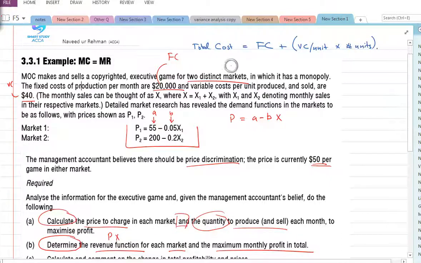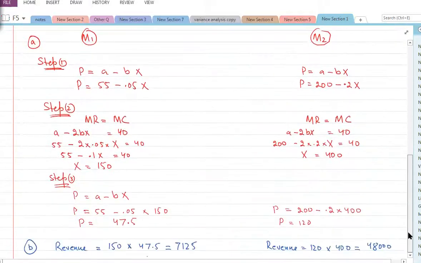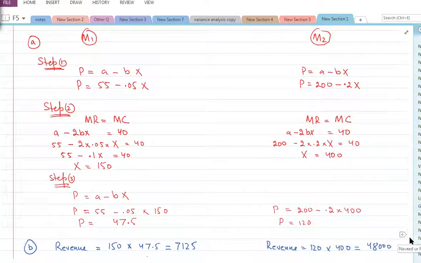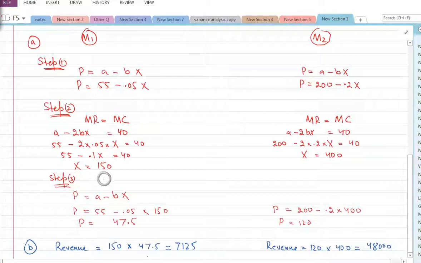Now, we are given the fixed cost 20,000, variable cost per unit is 40. We simply have to multiply with the number of units, and you can see that the number of units is basically the quantity, right? Which is here in the second step, 150 and 400, which when you combine it together, that will be 550, okay?